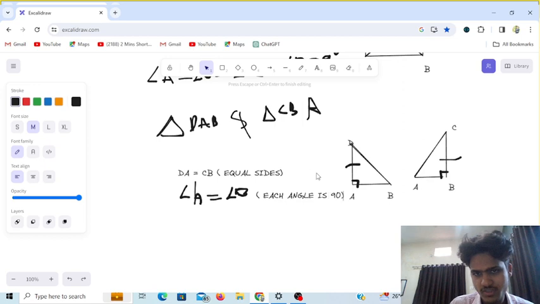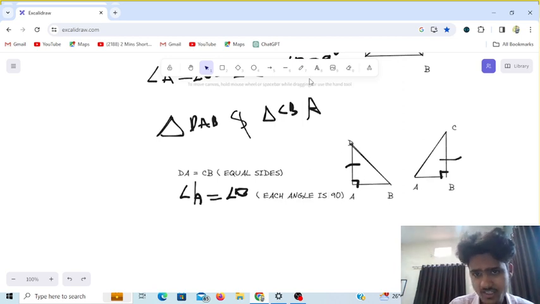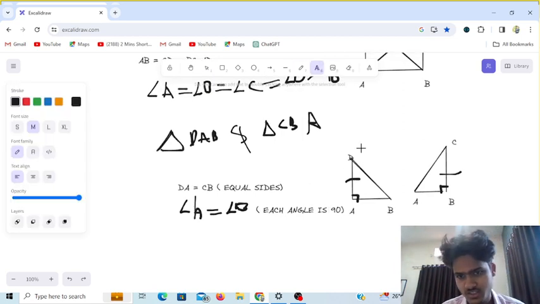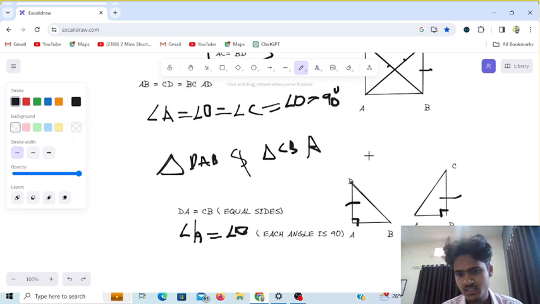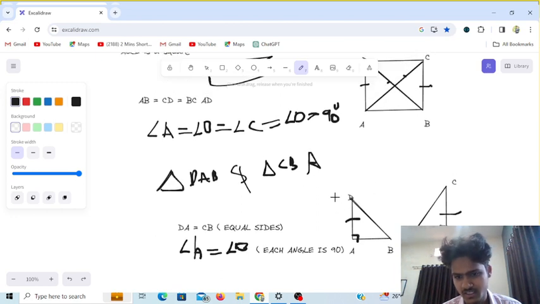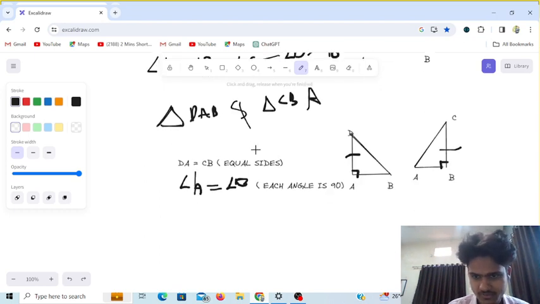And what is one more similar thing inside these two triangles? Let's see. The side AB is common in both triangles DAB and CBA. Then we will write AB equal to BA.